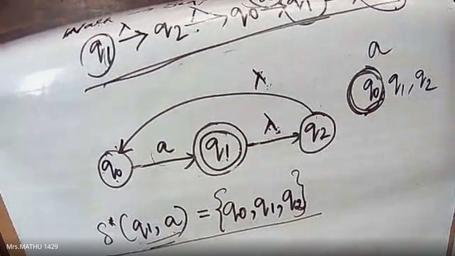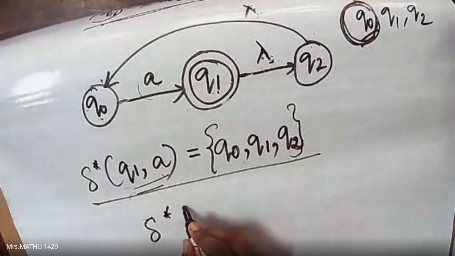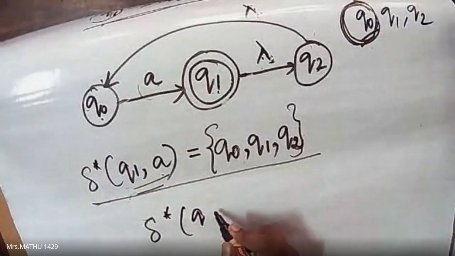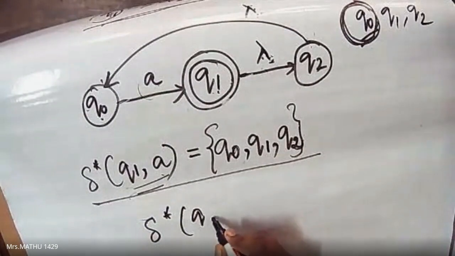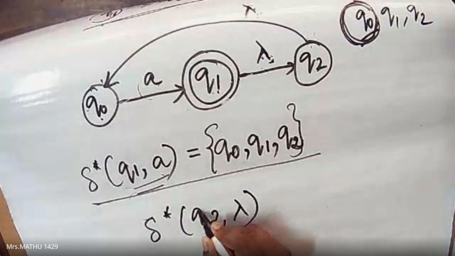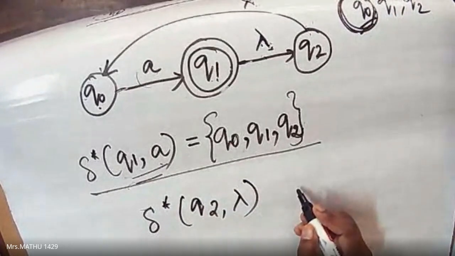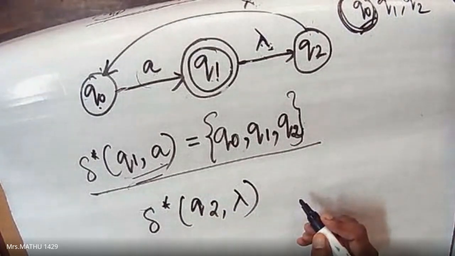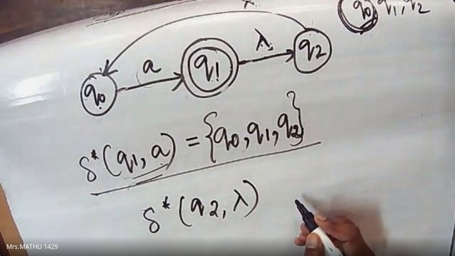From this same thing, we will find one more thing: delta star of Q2 comma lambda. We want to find what set of states will come for delta star of Q2 comma lambda.